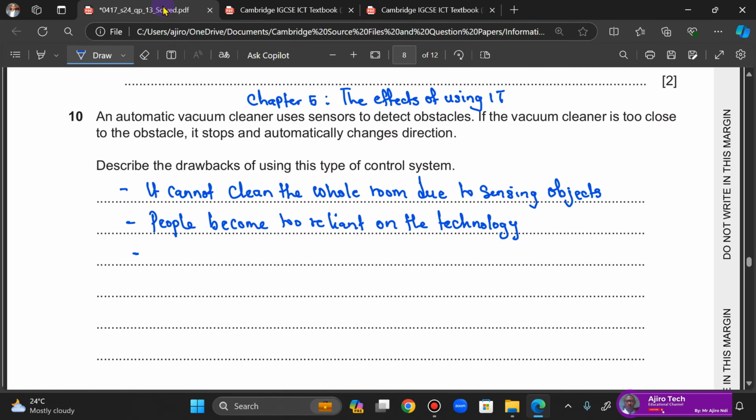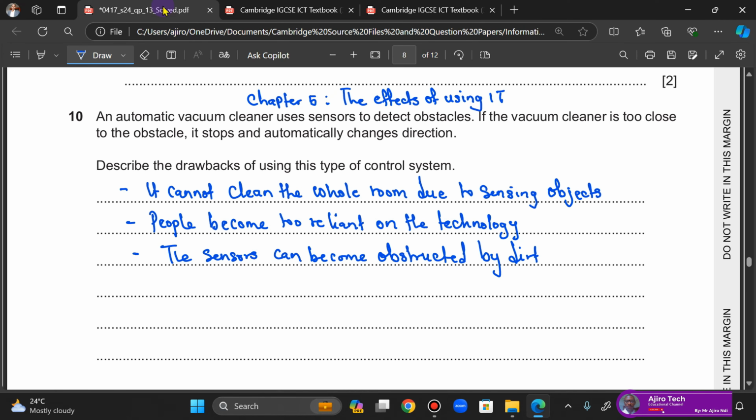Another one is the sensors can become obstructed by dust.